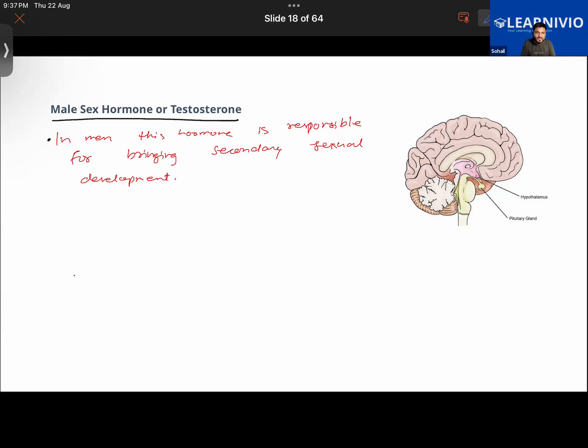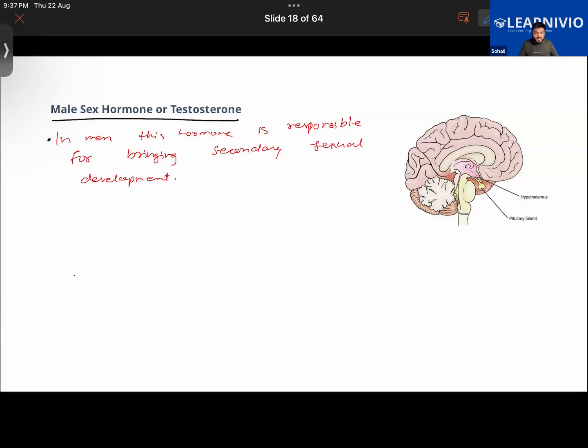Another thing is that this testosterone would have led to several secondary sexual developments, like the growth of height, change in voice, increase of muscle mass, coming of facial hair, growth of hair in the armpit and the pubic region, appearance of Adam's apple, that is the voice box or the larynx, which swells because of the increase in its size.